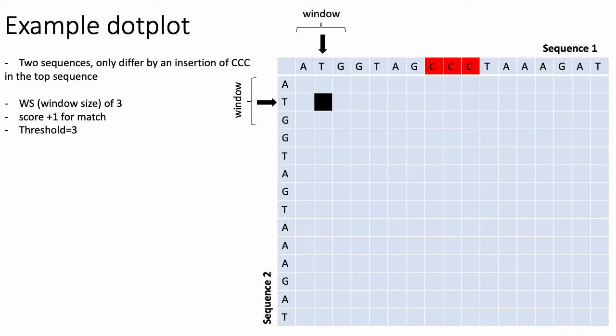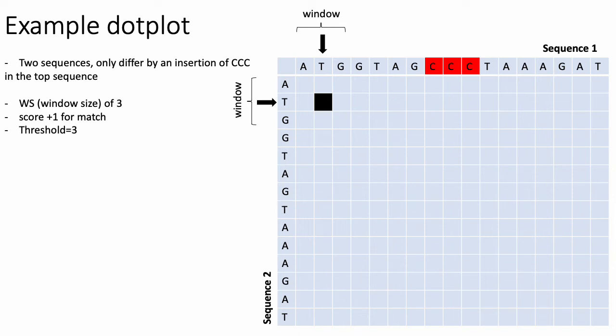The first thing you need to do, once you've defined your windows and the row and column that you're looking at, is compute how similar those 2 short sequences are. In this specific example, we'll give a score of +1 if the bases match and -1 if they don't match. Because ATG and ATG are identical, their score is 3.